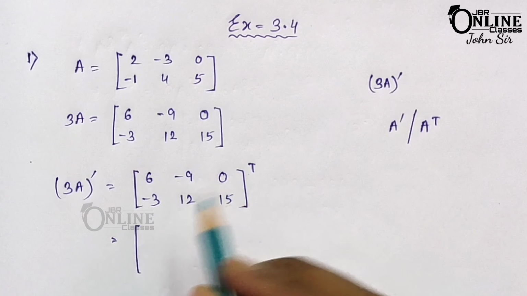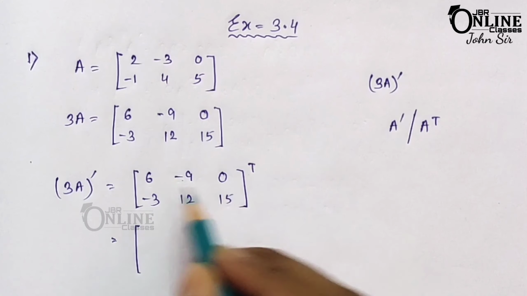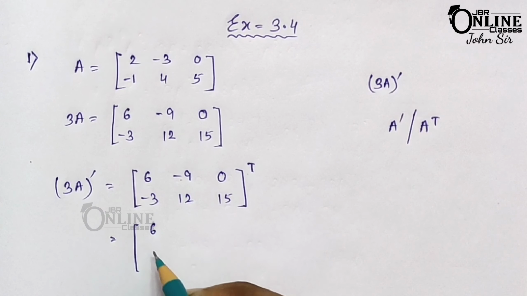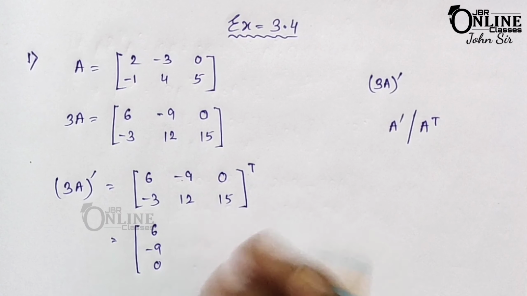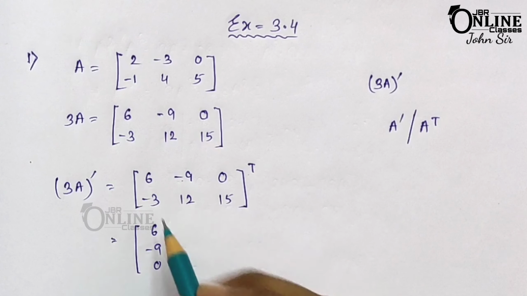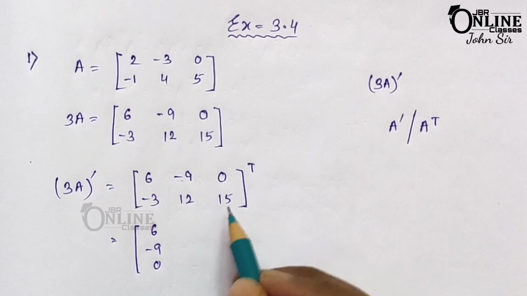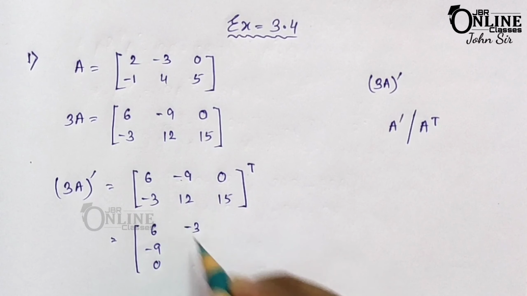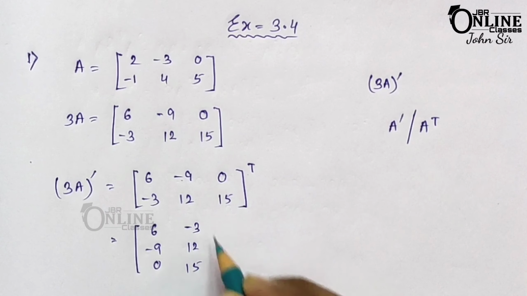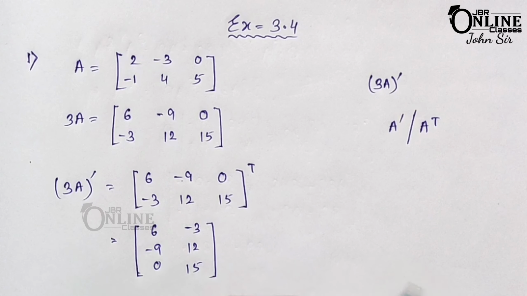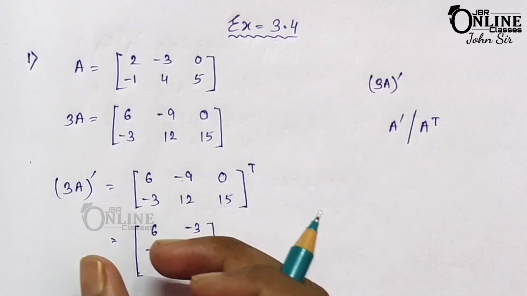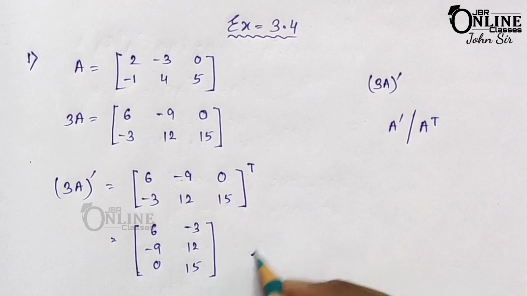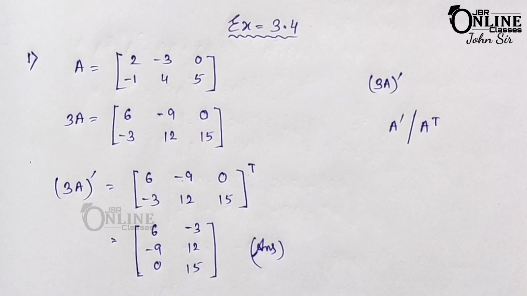Okay, it's very easy. So as 6, minus 9, 0 is the first row, you have to write down 6, minus 9, 0 as the first column. The next one, minus 3, 12, 15 is the second row, so it will be minus 3, 12, 15 as the second column. So that is the transpose of 3A. Okay, and it's your answer.